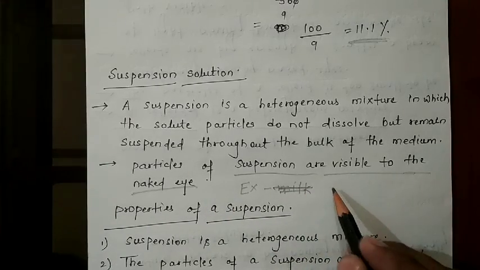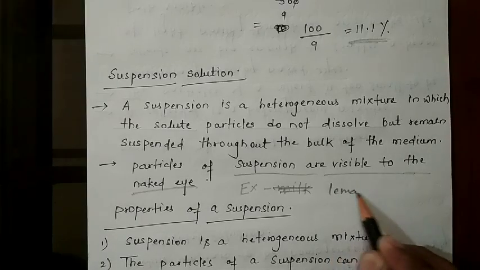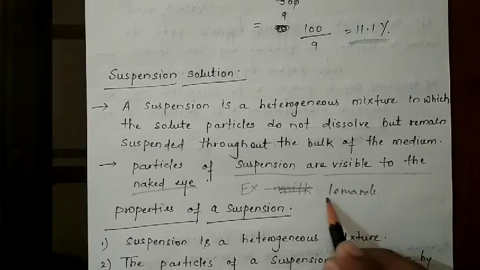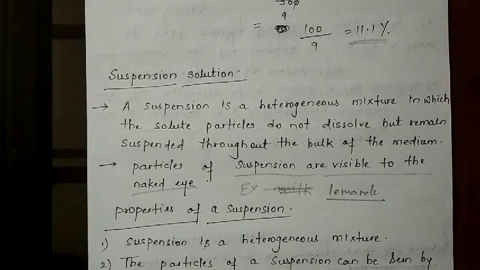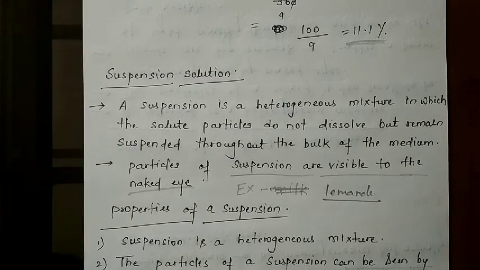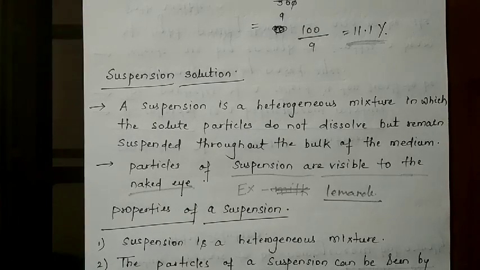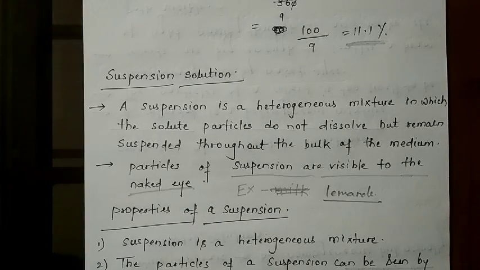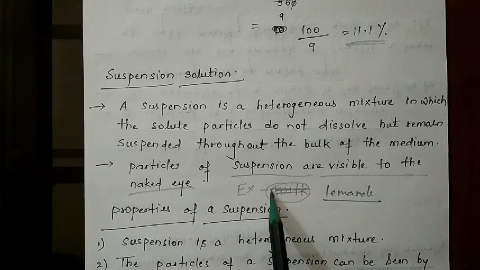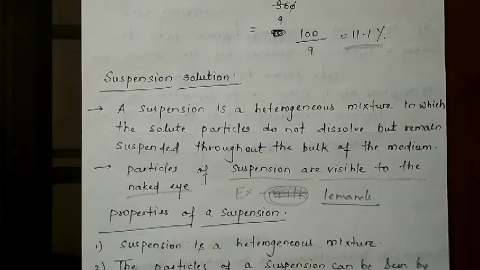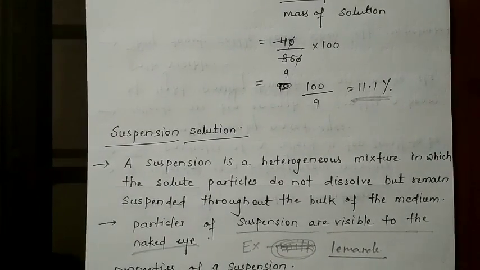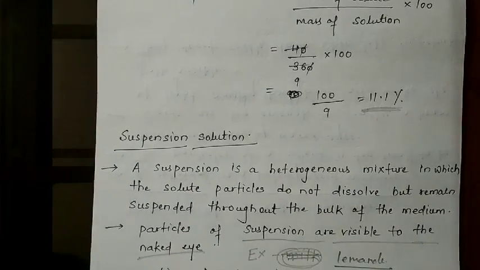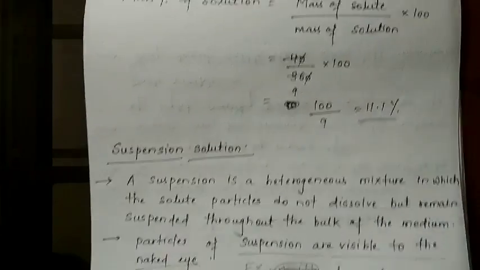You can take lemon juice instead. Lemon juice is actually a suspension, because if you take some lemon juice, you will find that there are some particles suspended in the solution. So milk is not the example of a suspension, but milk is actually the example of a colloidal solution.